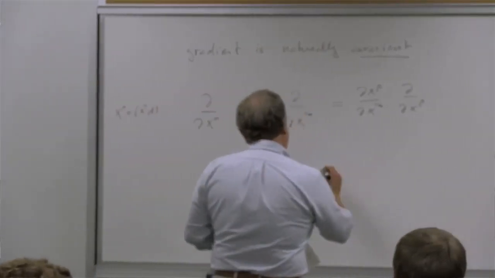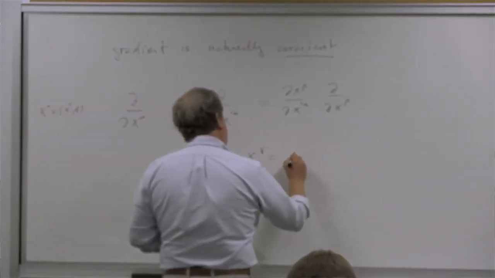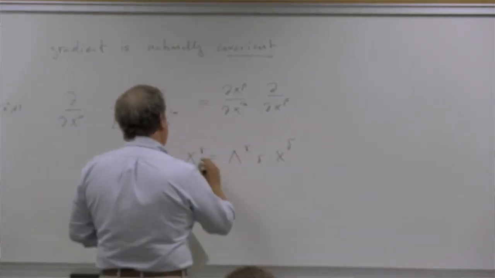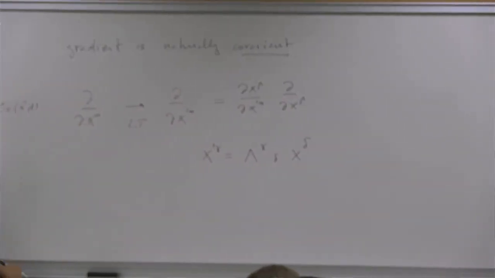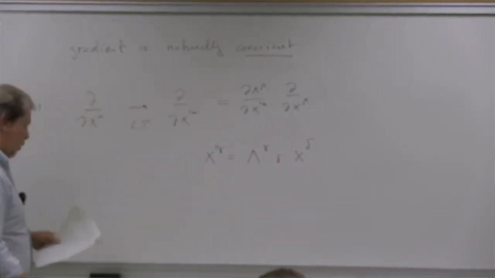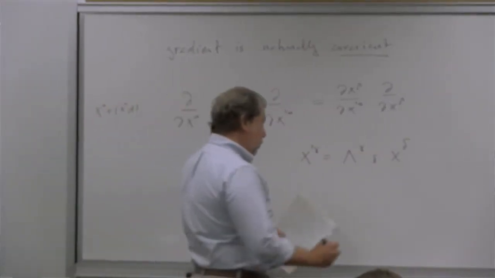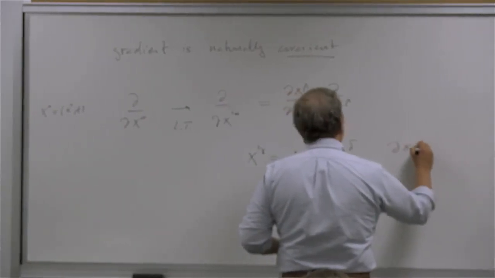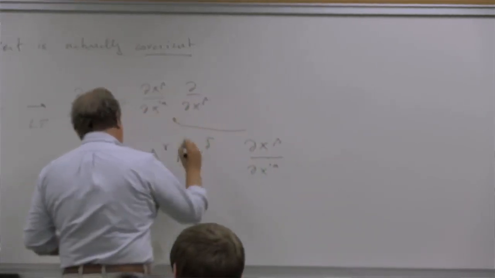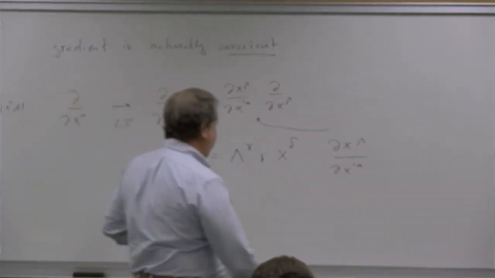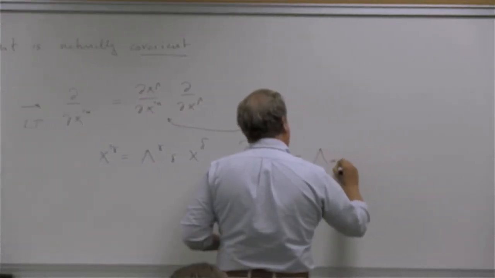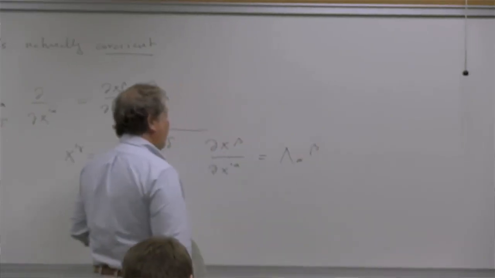And now remember that x gamma is equal to lambda gamma delta times x delta prime. The transformation law for the coordinate is equal to this. So you can solve for x delta in terms of the lambda to the -1. And so dx beta by dx prime alpha, which is what we have up there, is equal to lambda alpha beta, like this.